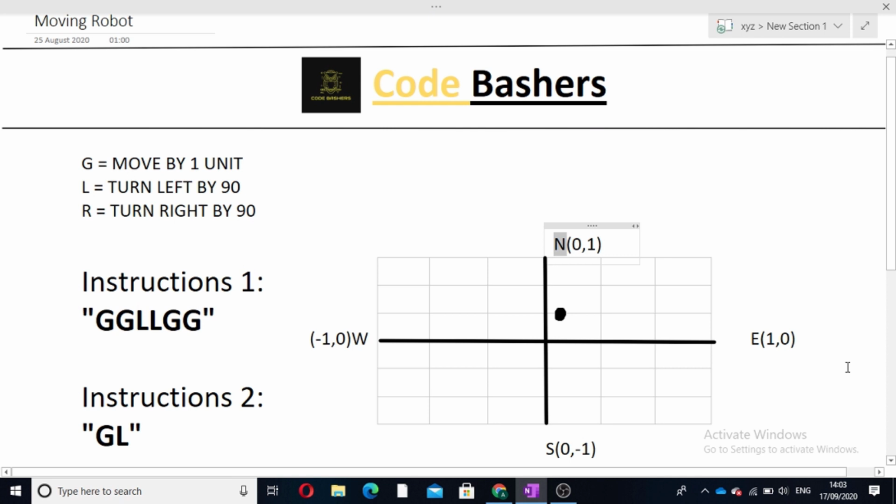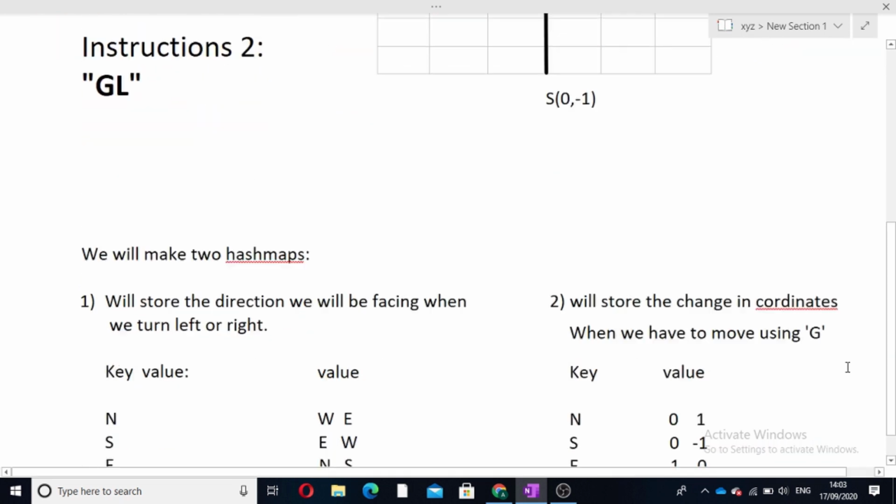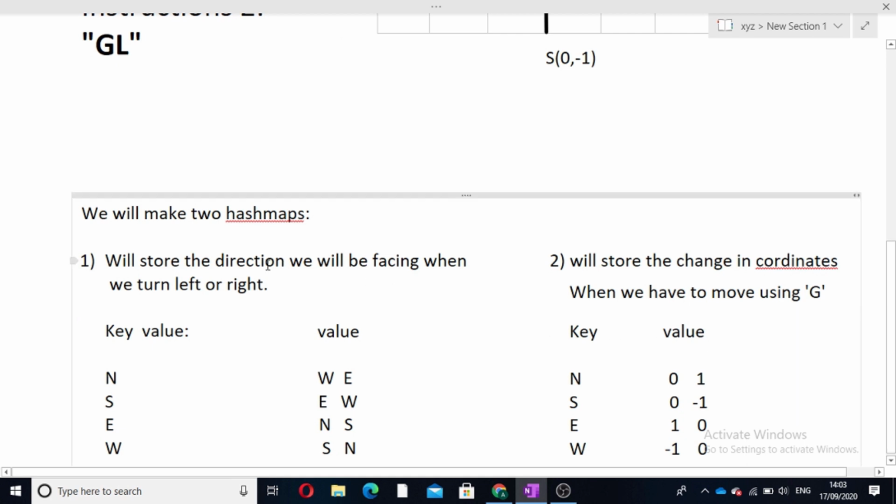In this approach we will be using two hash maps. Why two hash maps? Because in the first hash map we will store the direction in which the robot will be facing when it turns right or left. Initially it was facing north, but when it encounters left it will be facing west, and when it encounters right it will be facing east.